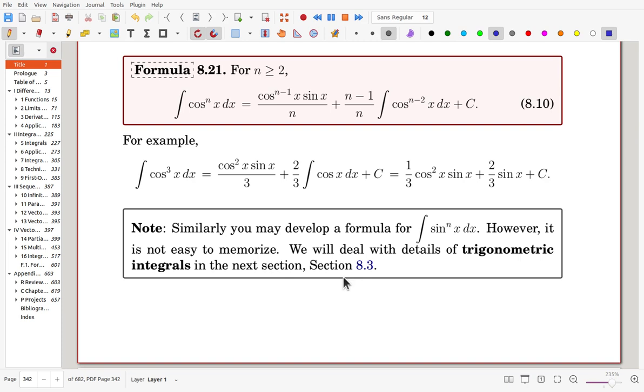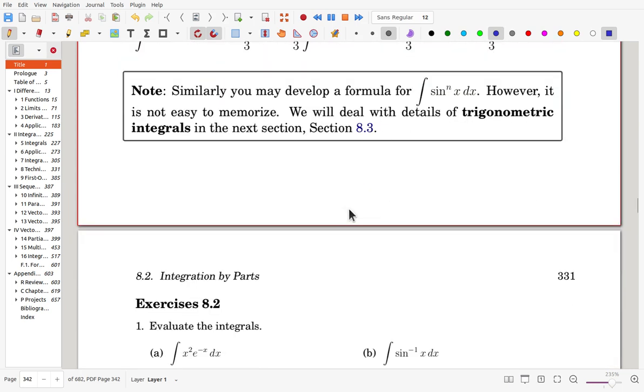Anyway, we'll try to deal with these integrals from a little bit different angle, so don't try to memorize these recursive formulas. Okay, that is the end of the section.